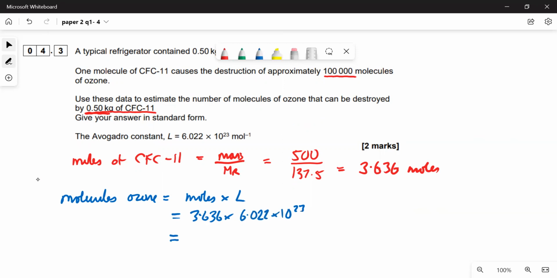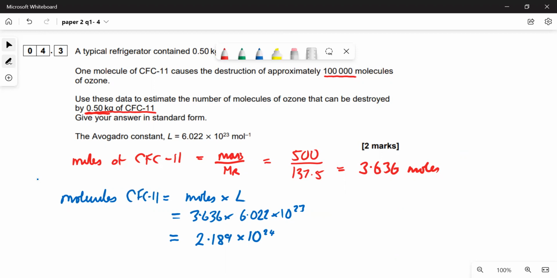That comes out to be 2.189 times 10 to the 24 molecules. Well, this is not molecules of ozone, this is molecules of CFC11, sorry.